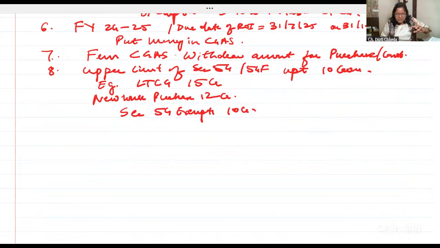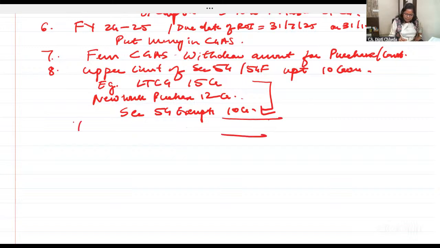Ma'am, you just now said capital gain or investment in new house, whichever is lower. So 12 crore is lower. True. But it cannot exceed more than 10 crore. Write the exam. What will be taxable long-term capital gain? 5 crore.